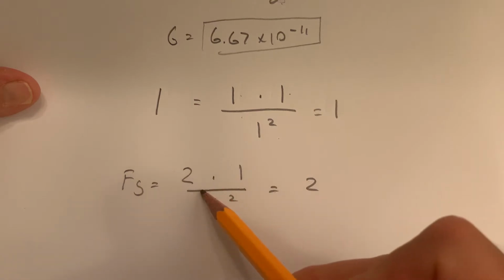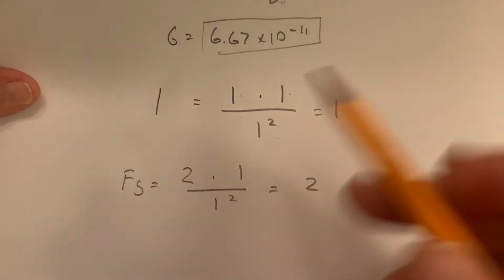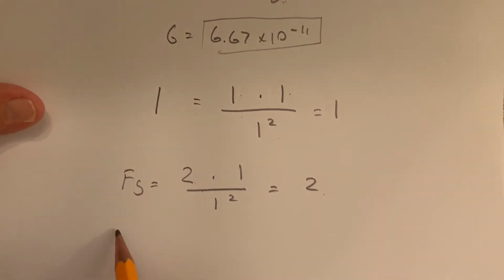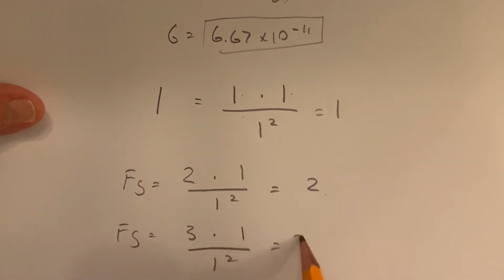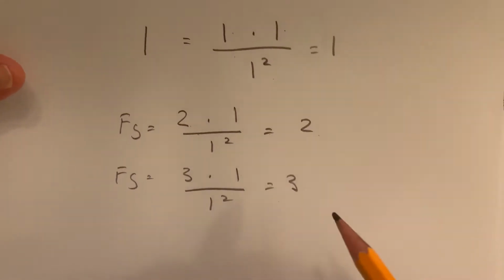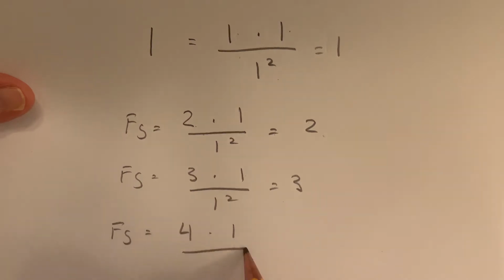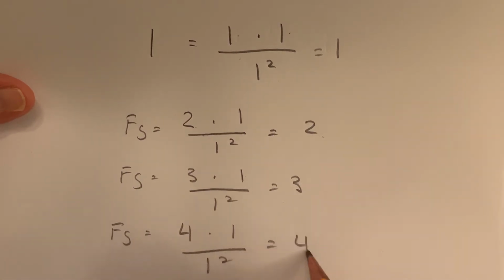So doubling the mass of one object will double the force. And what happens when we triple it? 3 times 1 is 3 divided by 1 squared equals 3. So that triples it. If we look at quadrupling it, 4 times 1 over 1 squared equals 4.